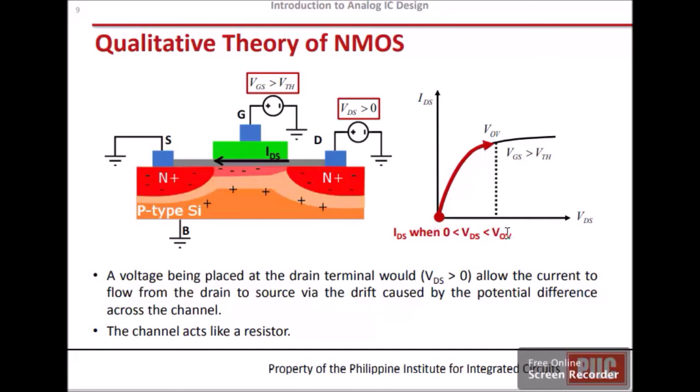Habang pataas ng pataas yung VDS, pataas din yung current on this part. Okay, pero pagka na-reach na yung VOV, ayun, nagsasaturate na siya. Kasi ano bang cause itong saturation dito? Kasi doon nagkakaroon ng pinch off dito na side. Tingnan mo to. So, yung amount ng electron na magflow, nalilesen.